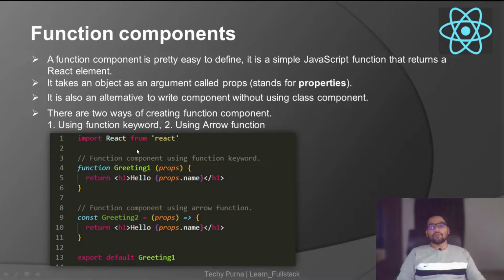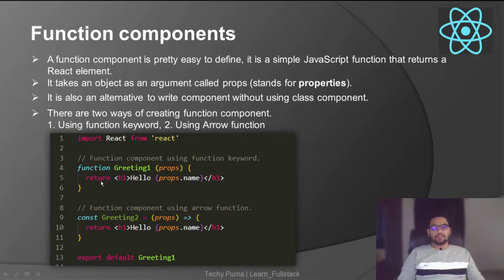So this is one code snippet of a functional component, so that you can see, right? We are writing function greeting and so on. Props, as I said, is an argument, an object, and whatever data we pass from the parent component to the child, we can get in the props.